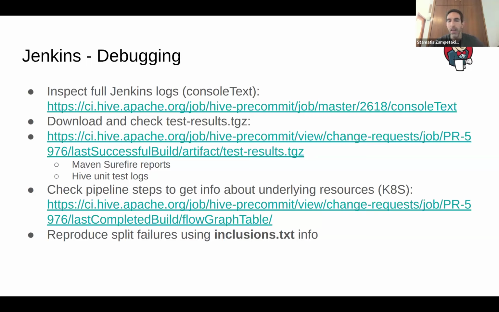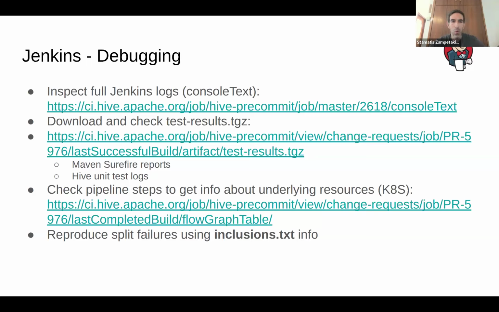You can see here that for the master run on the 2618, the console text has all the information that was generated during the Jenkins build. This is obviously a nice place to check for problems, especially when it is infrastructure related or Kubernetes related.